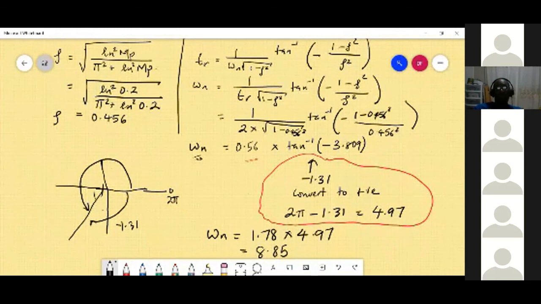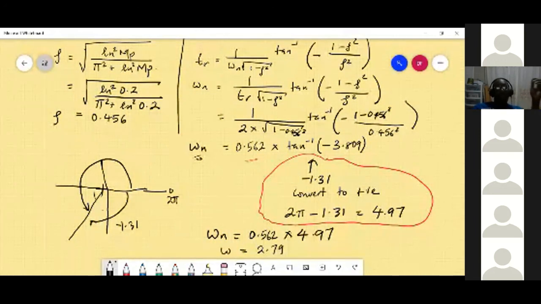Yeah, 0.56. All right, so this is 0.562. So the final answer is 2.79.